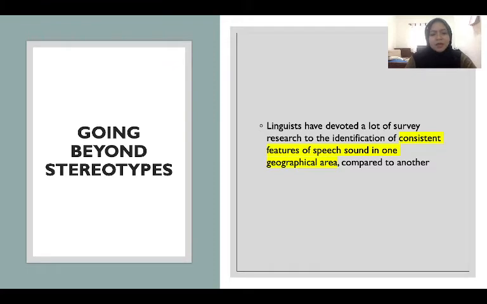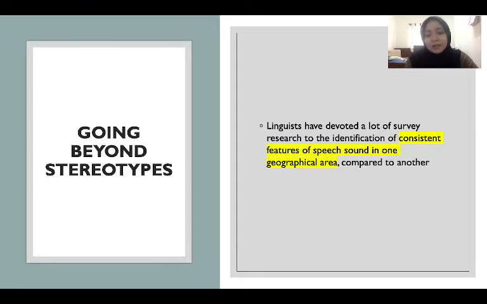I remember Shira mentioned once that maybe African American people are being stereotyped, and the language that they use, and they are being stereotyped because of their race, because of their skin color. Okay, so as linguists, we need to be able to go beyond these stereotypes. Okay, we need to be able to fix these stereotypes.